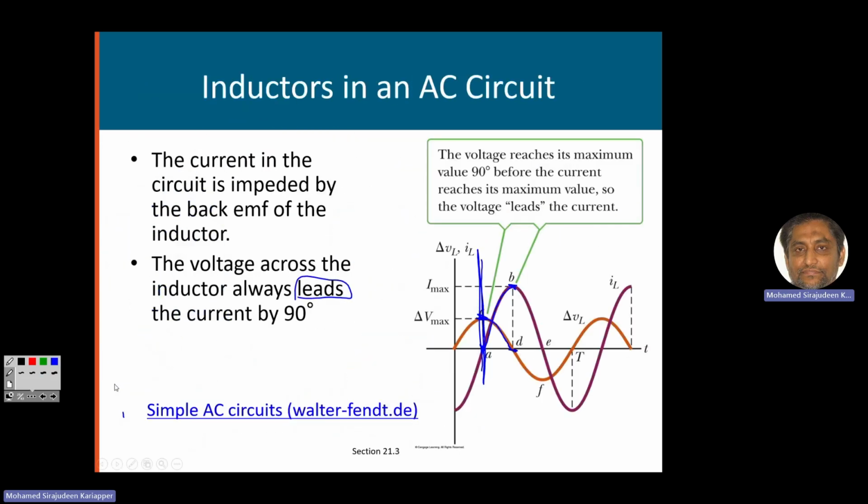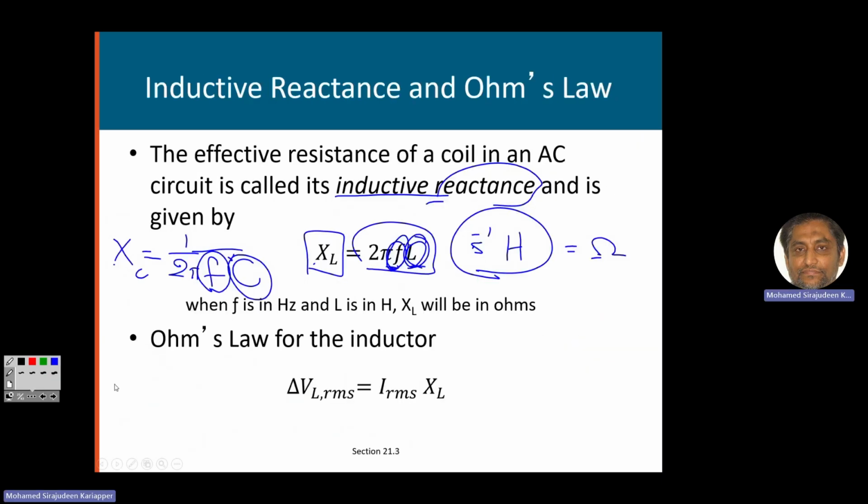Here it is, second inverse Henry is equal to ohm. So inductive reactance also has the unit ohms. Then Ohm's law will be like delta V is equal to I into, instead of resistance, we have the reactance. Here it is the inductive reactance.